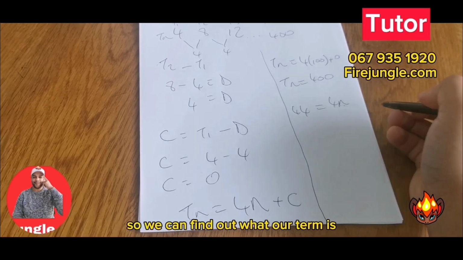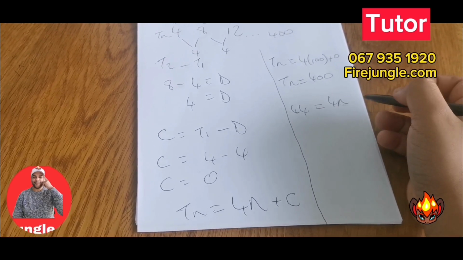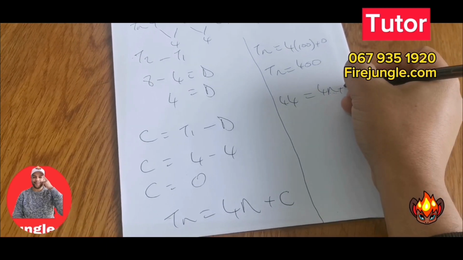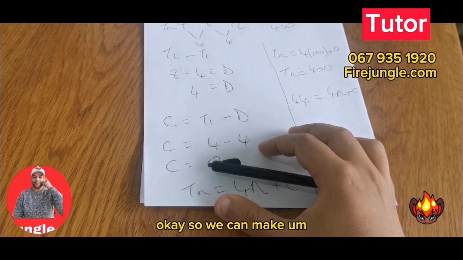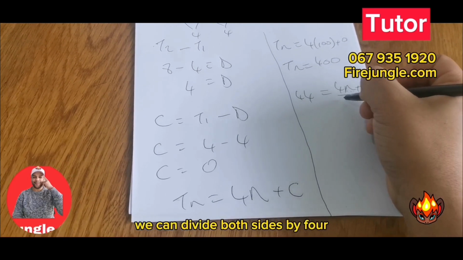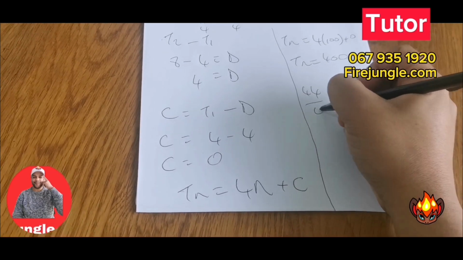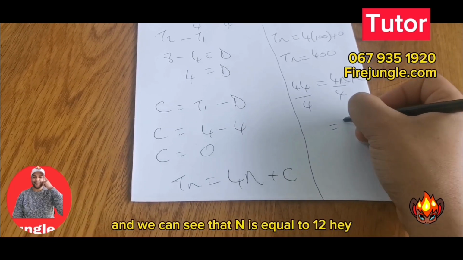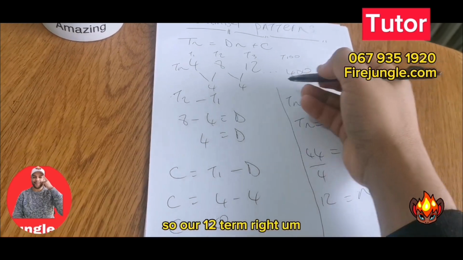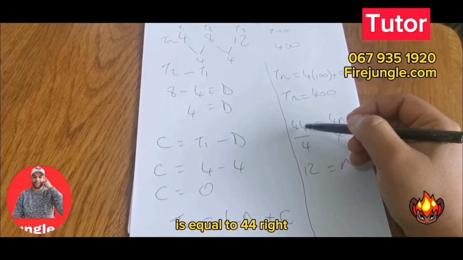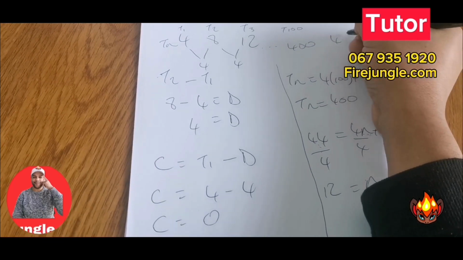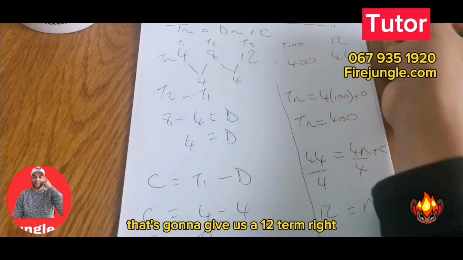So we can find out what our term is. We divide both sides by 4, and we can see that n is equal to 12. So our 12th term is equal to 44. For a term value of 44, that gives us our 12th term.